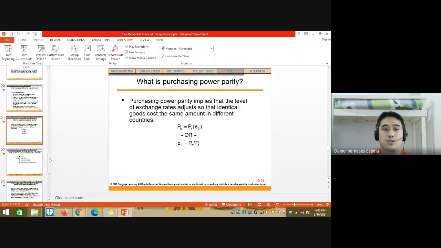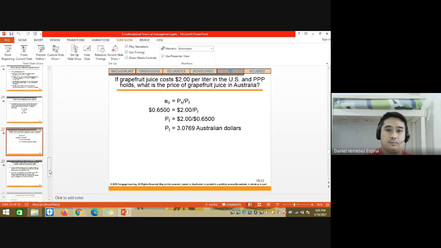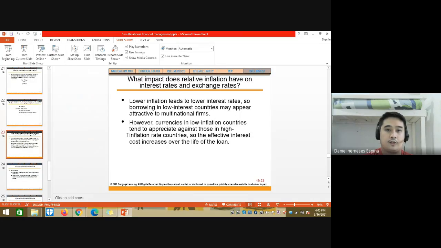Then we have the purchasing power parity. According to this parity, the value of the goods in each country is identical as long as we adjust it for the spot rate. Then we have the effect of inflation.